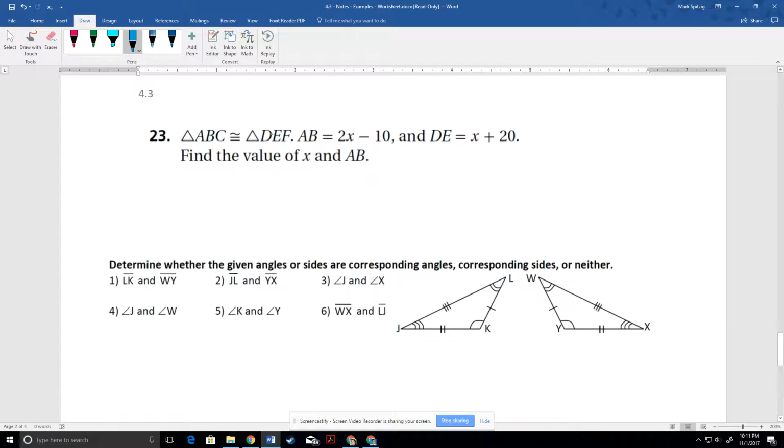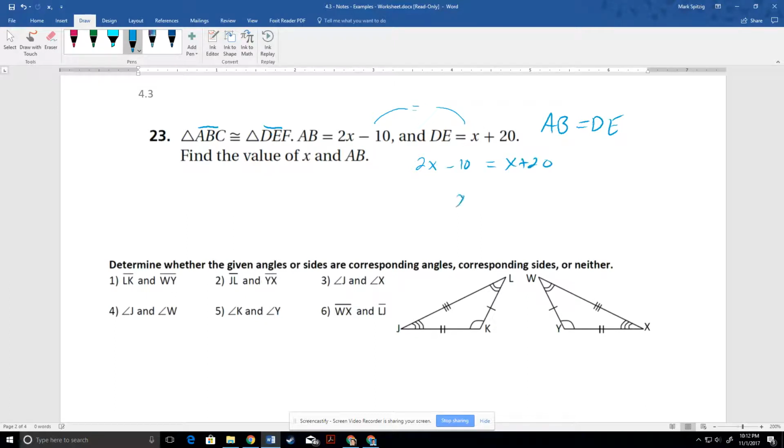Okay, we have some congruent triangles. We're given AB is 2x minus 10, and we're given DE is x plus 20. So what do I know about AB and DE? They're congruent, therefore their measures are equal to each other. So AB is going to be equal to DE, and then we know their values. AB was 2x minus 10, and DE is x plus 20.